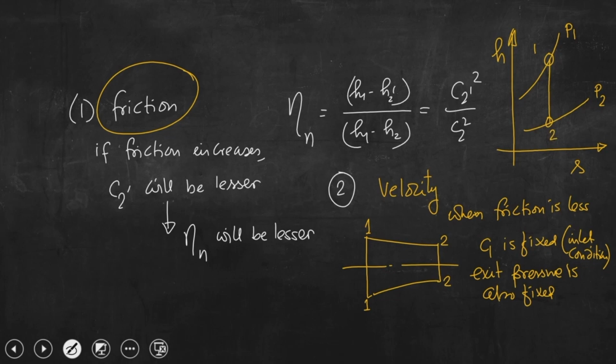The inlet condition 1 is fixed, the process is isentropic, hence the outlet velocity C2 is also fixed. So C1 is fixed, the inlet condition is fixed, the exit pressure is also fixed and the process is isentropic, that means the outlet condition is also fixed. That means C2 is also fixed.